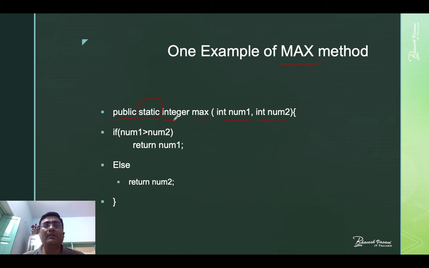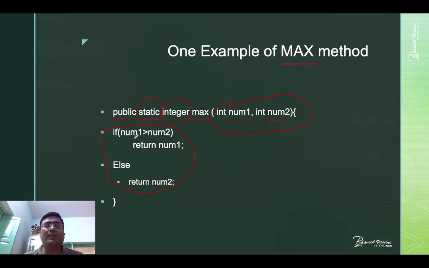The next thing is the return type. We have used int here. So whichever is the bigger of these two numbers will be returned as an integer. So we have written public static int max, and after that we have put the parameters num1 and num2, and inside the body of the method we are checking these two numbers.